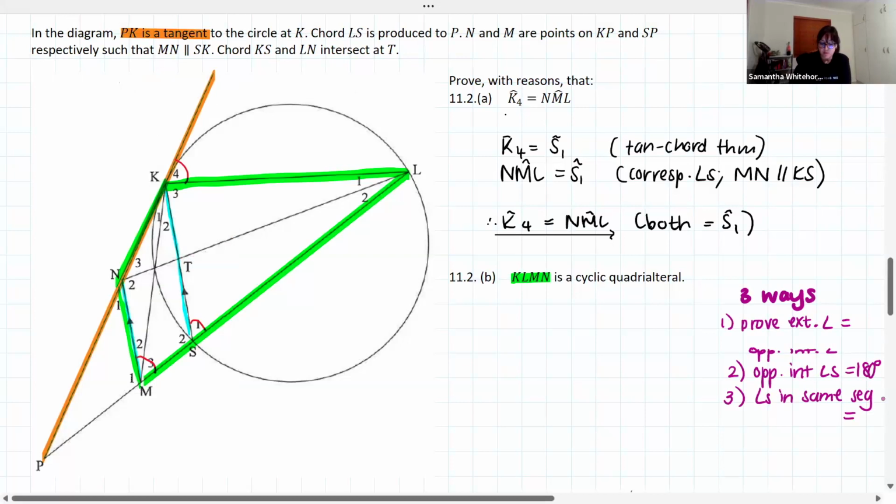So remember, we have just proven a bunch of angles equal, and all three of these ways involve angles.